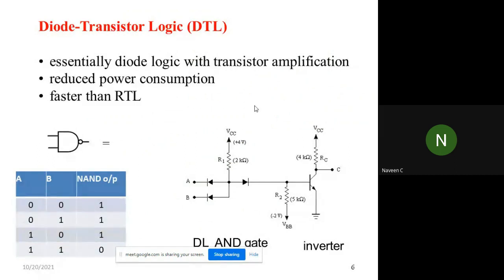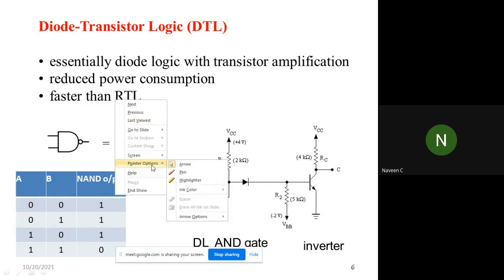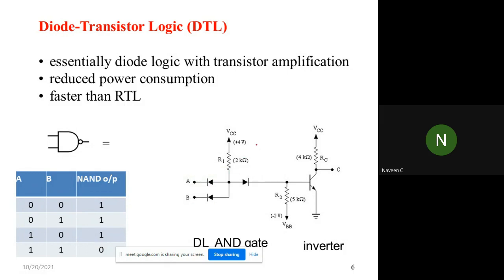In the resistor transistor logic and before that the diode logic, in both the logics we are combining. If you see here, this is diode logic. If you see here, this is resistive logic.